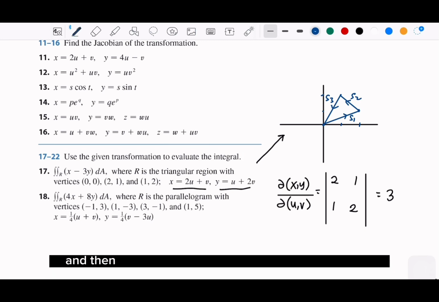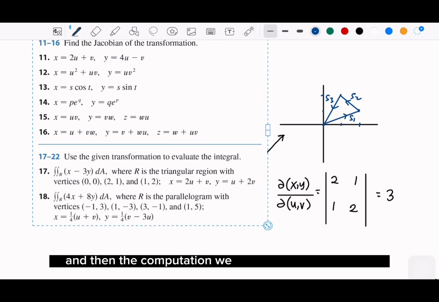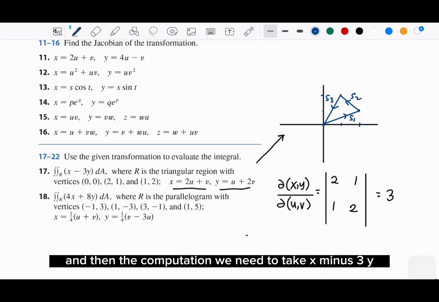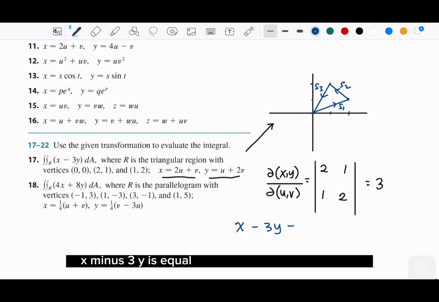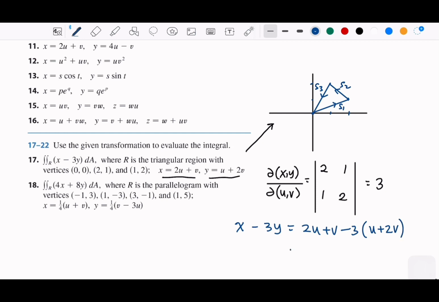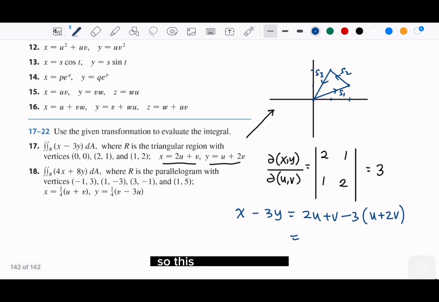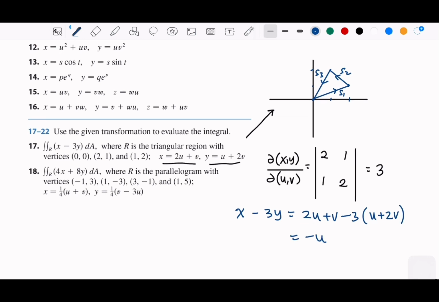And then the computation, we need to take x minus 3y. x minus 3y is equal to 2u plus v minus 3 times u plus 2v. So this will be minus u minus 5v, right?